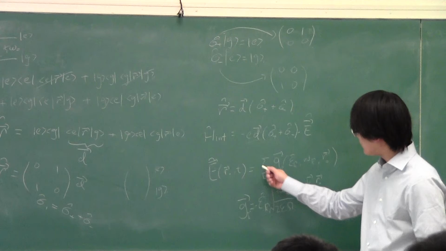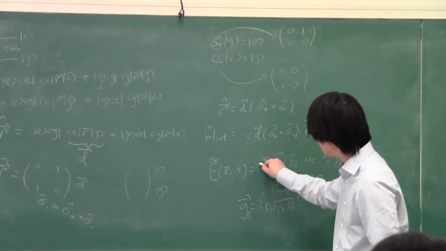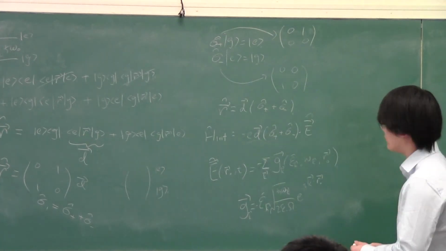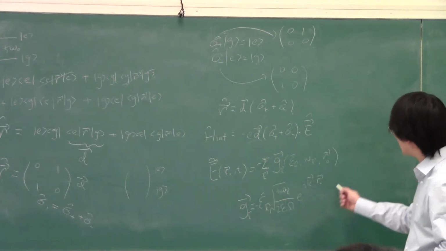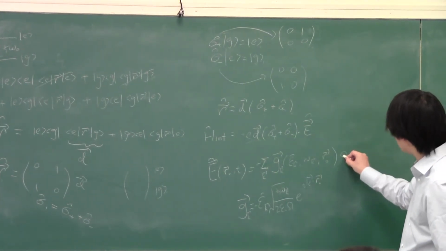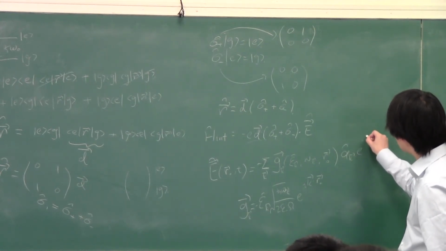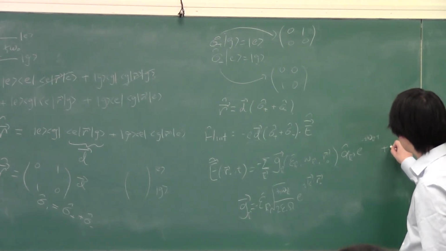Defining this with a minus sign gives me a minus sign in front, which allows me to cancel this minus sign, so I just don't have to carry that minus sign around. It really isn't that important, this G factor. Then we can attach this a, e to the minus i omega k t, plus.